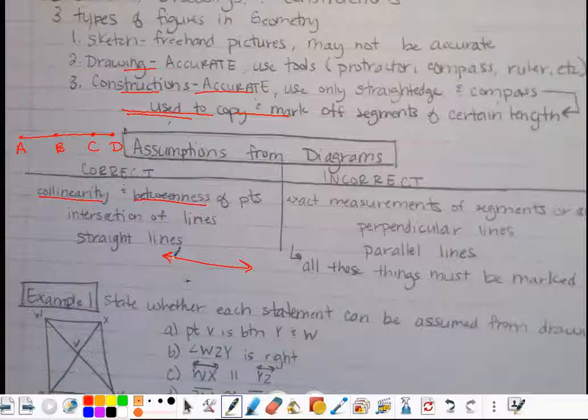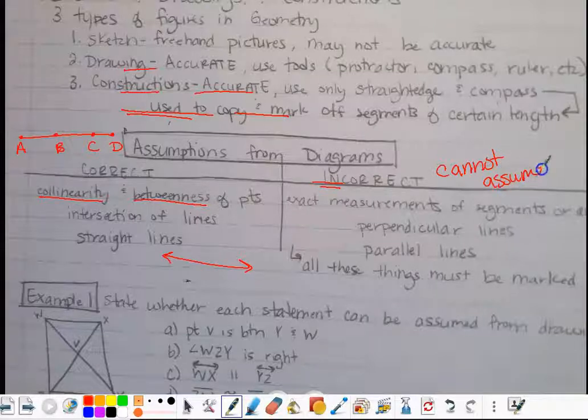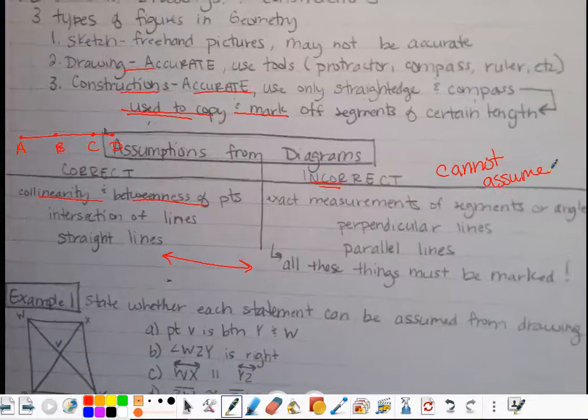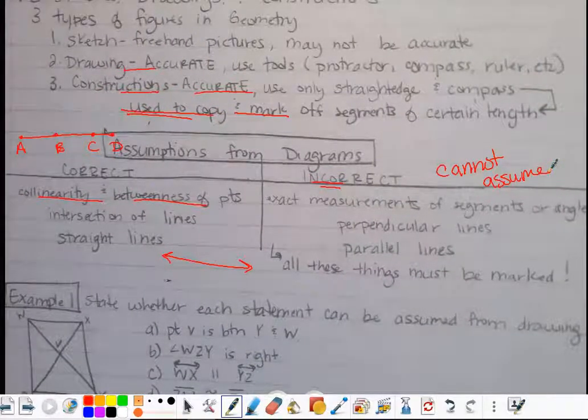Now, things you cannot assume. They have to be marked. Exact measurements of segments or angles. Okay, you cannot assume those. Just because it looks like a 90 doesn't mean it is a 90 unless you measure it or it's marked that it's a 90. Perpendicular lines.